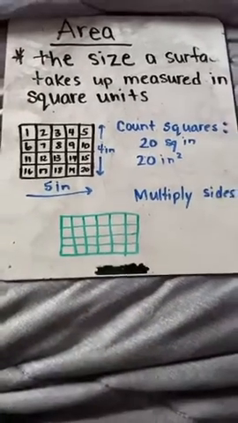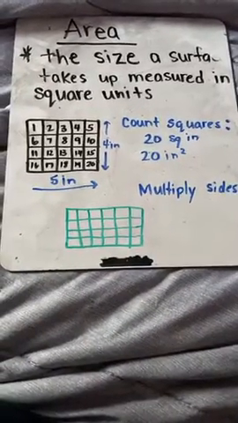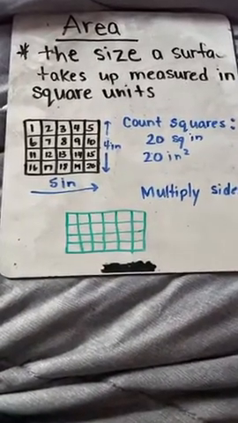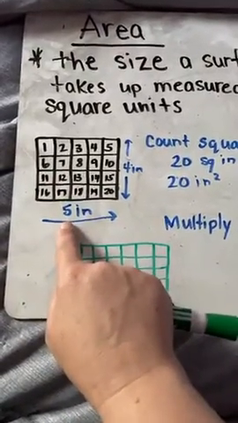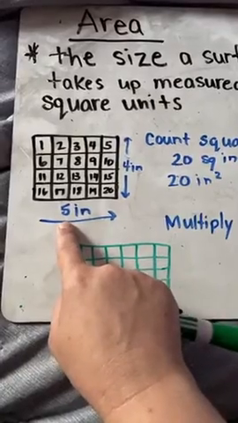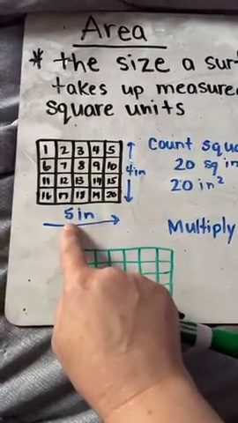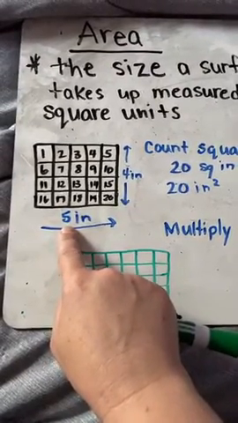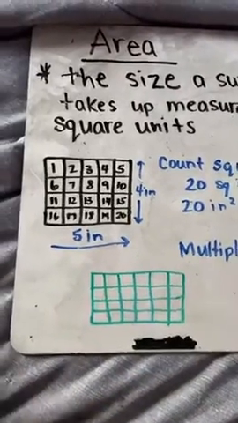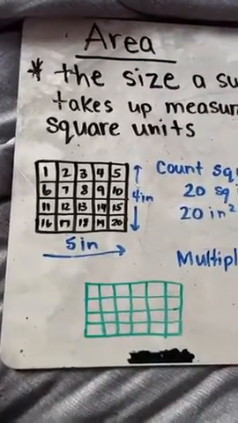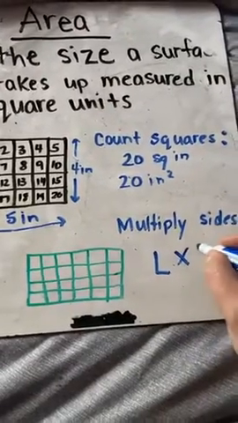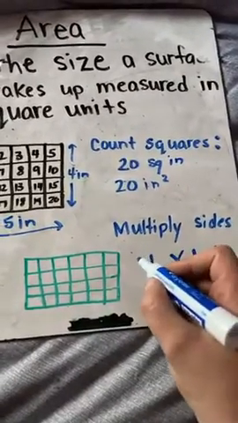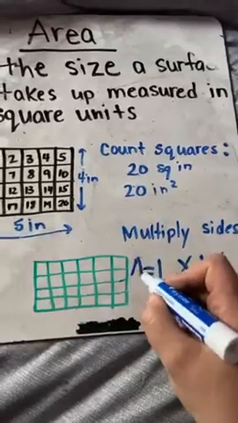And I know that my second grade friends are learning how to multiply. So you can also multiply the sides. I know we've talked about 5 times 4 and using the clock. So if I wanted to find out, area equals the length times the width, and that equals your area.